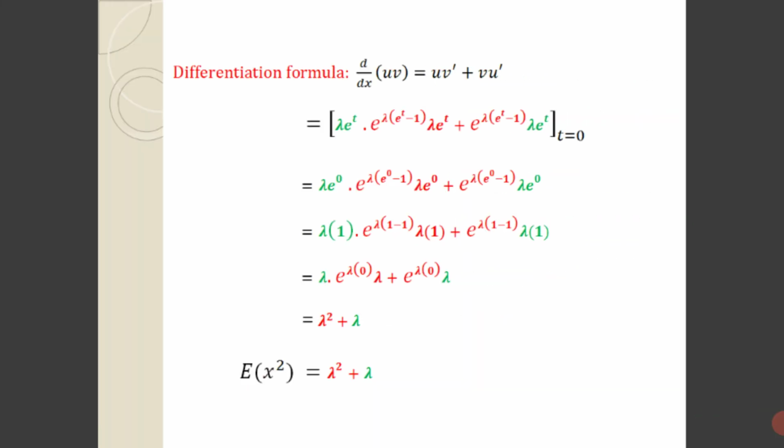Now put t equal to 0 in these equations. λe^0 into e^(λ(e^0 − 1)) λe^0 plus e^(λ(e^0 − 1)) λe^0. After simplification we get λ·1·e^(λ(1 − 1)) λ·1 plus e^(λ(1 − 1)) into λ·1.